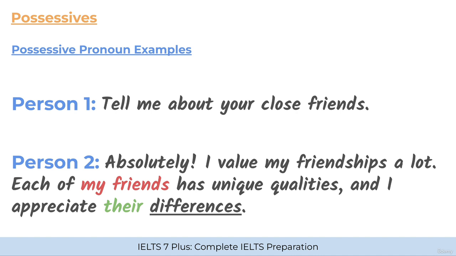Absolutely. I value my friendships a lot. Each one of my friends has unique qualities, and I appreciate their differences. So again, you can see that we have our possessive pronoun there in green, referring back to my friends. And what are we talking about? Well, their differences.